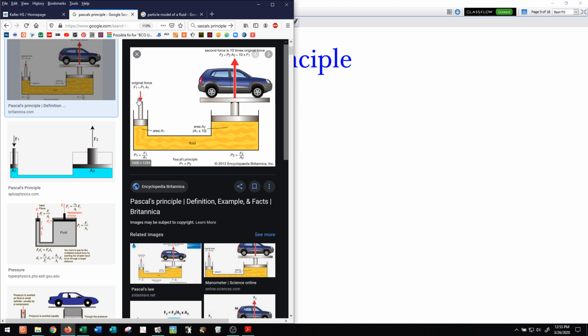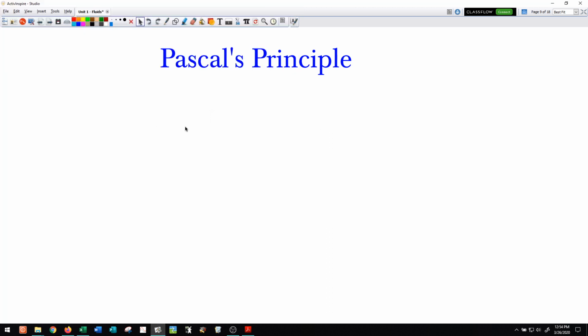If I apply a force at one end of this and this fluid is completely filled, all the pressure inside of this fluid is constant. And so when you end up getting a change in force on one end, that force can be magnified because you have a bigger area on the other end. And so what you end up with is a real simple relationship that says that the pressure at both ends is the same, but the forces will be different. And so you have this little relationship, F1 over A1 is equal to F2 over A2.